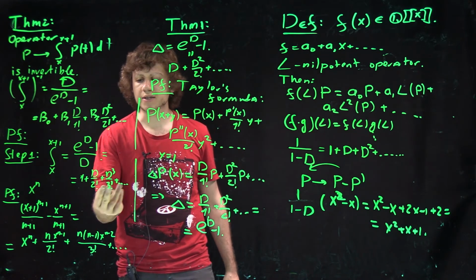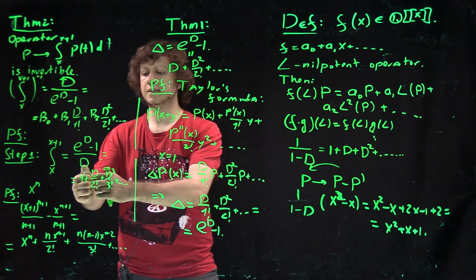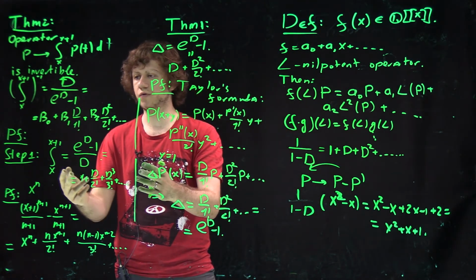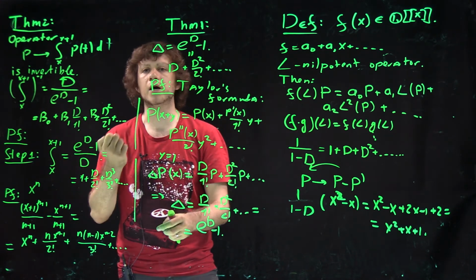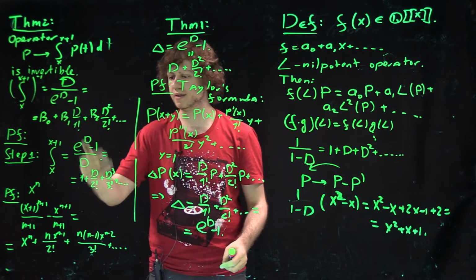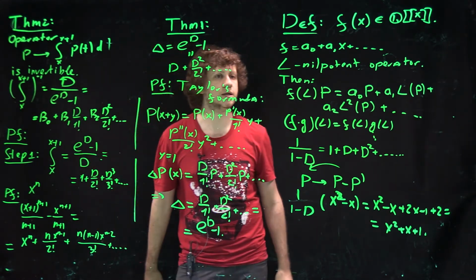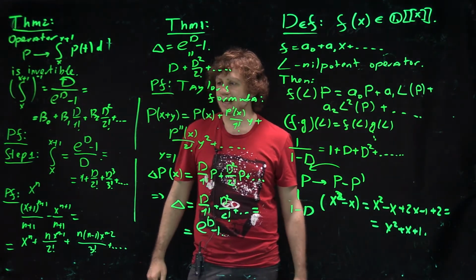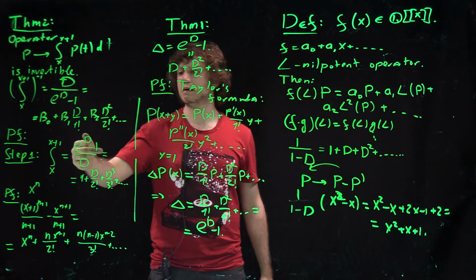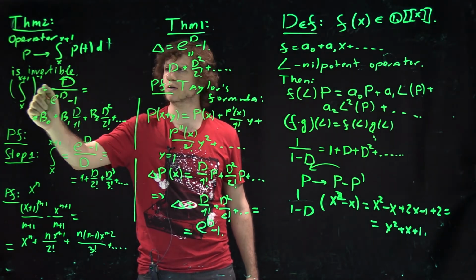Because this power series has an inverse. It starts with 1. If you multiply this power series by its inverse power series you get 1, and when you plug in D, of course, you still get 1, just because plugging in commutes with multiplication.